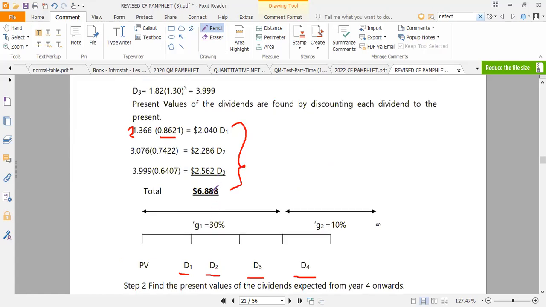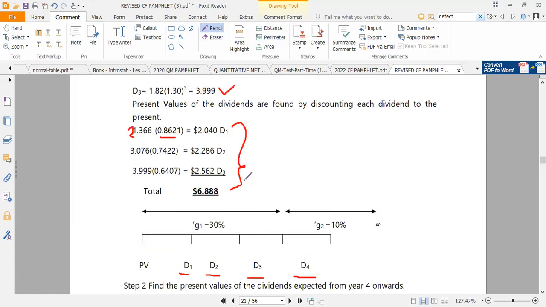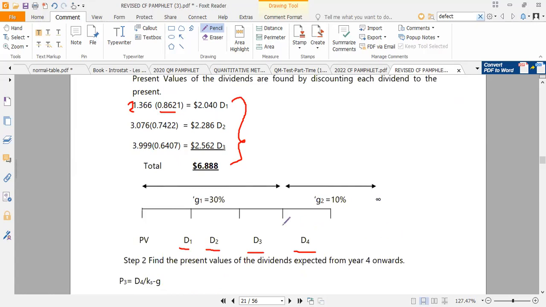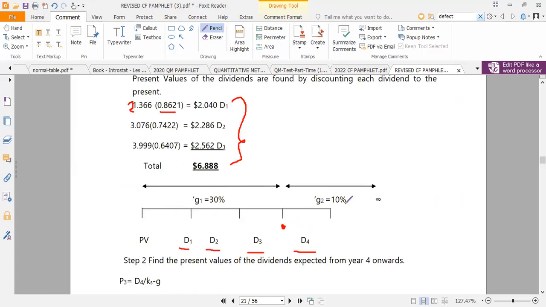After finding the value of stock in the first phase, you use the dividend in year 3, which is 3.99, to calculate the dividend in year 4. Here, you can use the new growth rate of 10%.